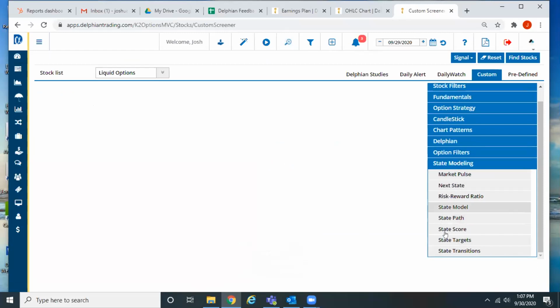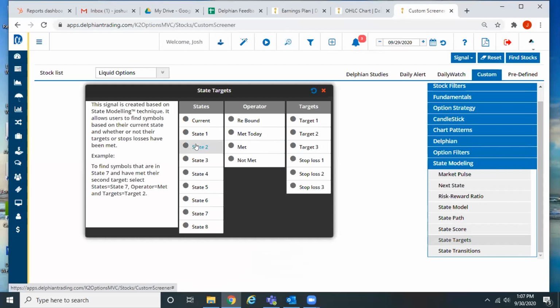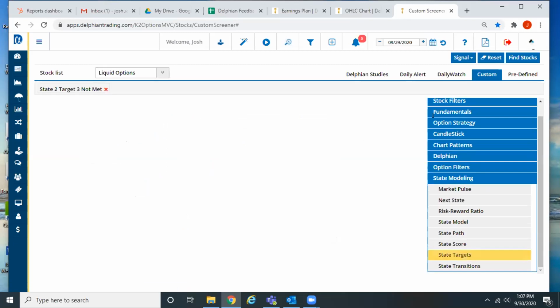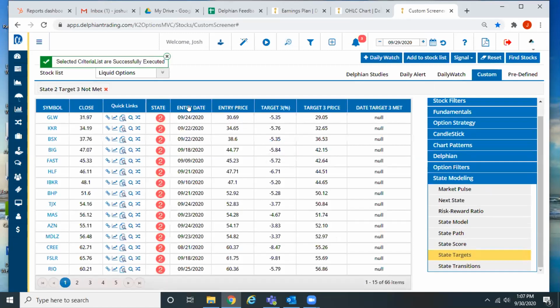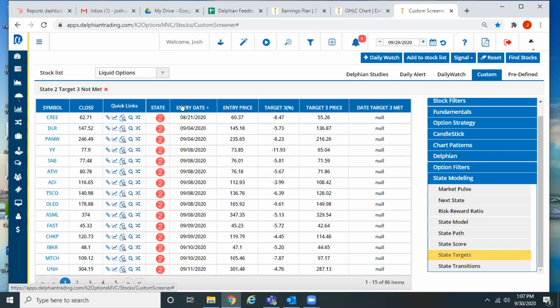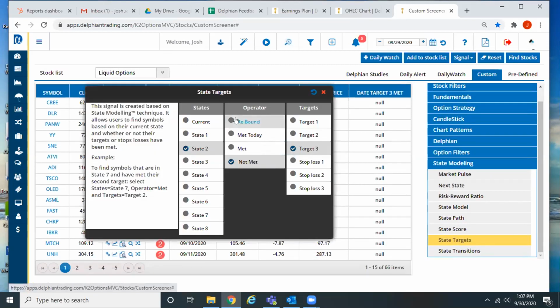So when you go into that state modeling, state target, you can just do state 2 not met. When you go in there, it'll tell you when it entered. Would you pop that up again? I had a question. It said state 2 not met. Does that mean it hasn't met state 2? It hasn't met target 3. So state 2 not met has to do with the target. Yeah, this is all for the targets.